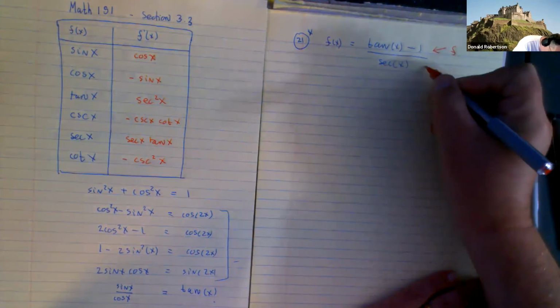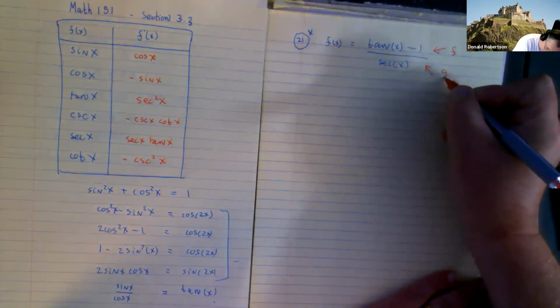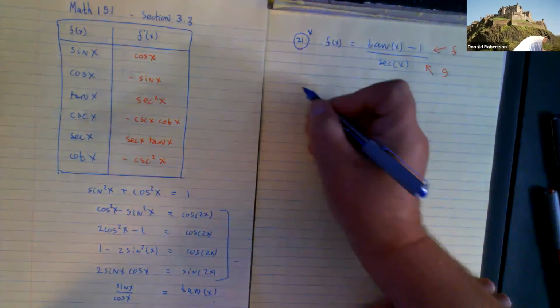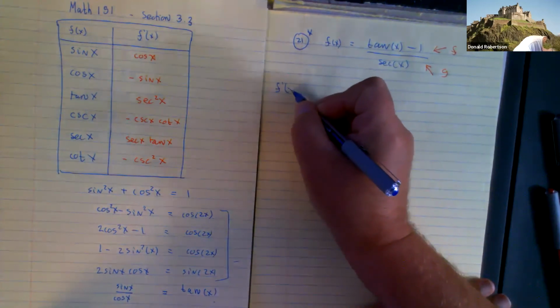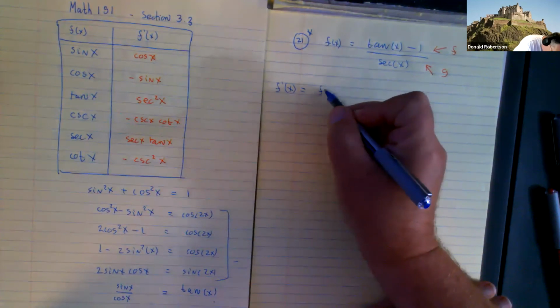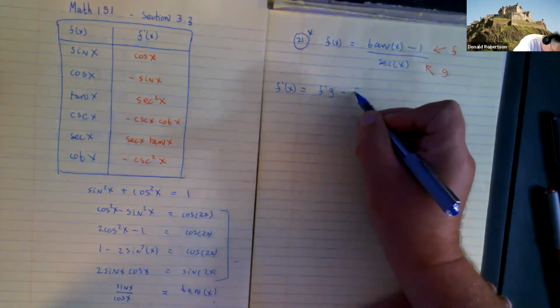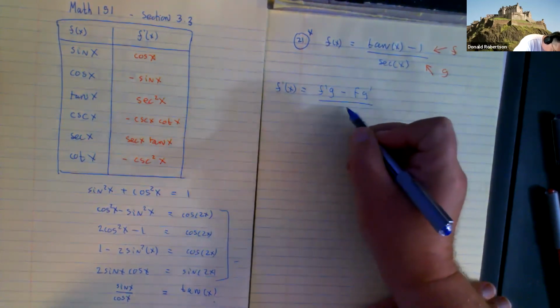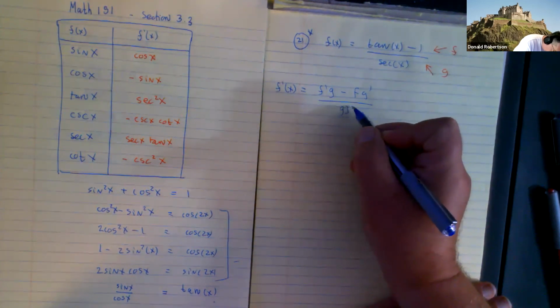The top is f, the bottom is g. I don't see anything too remarkable yet. We're being asked to find its first derivative.